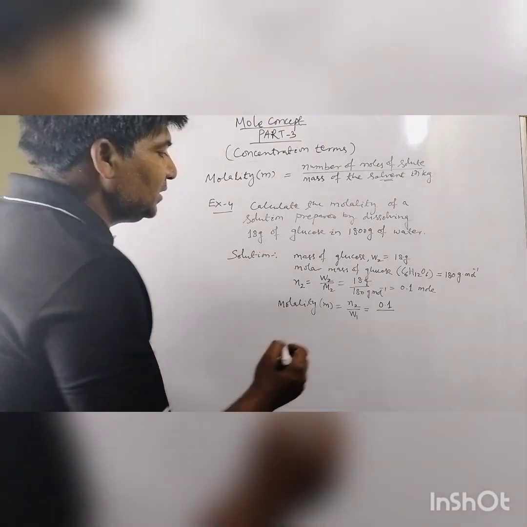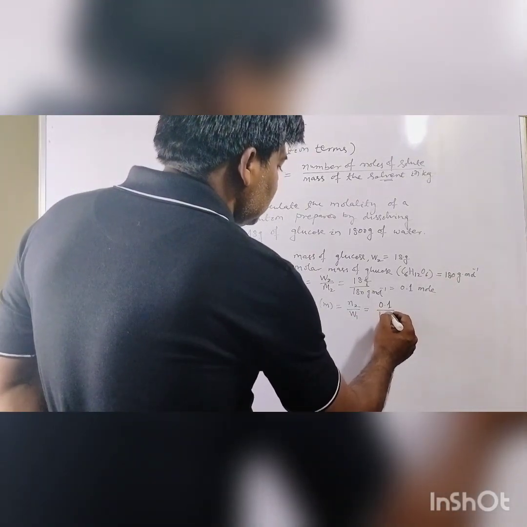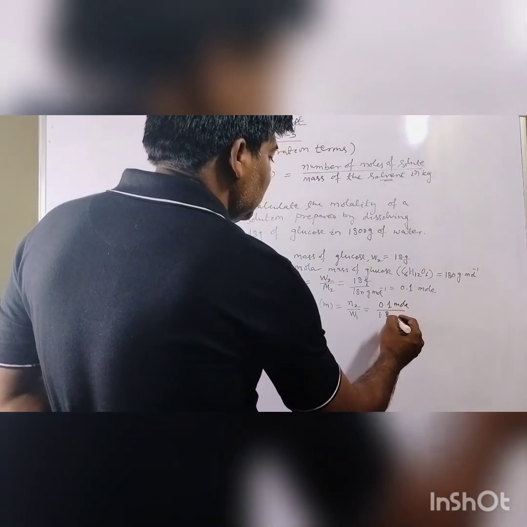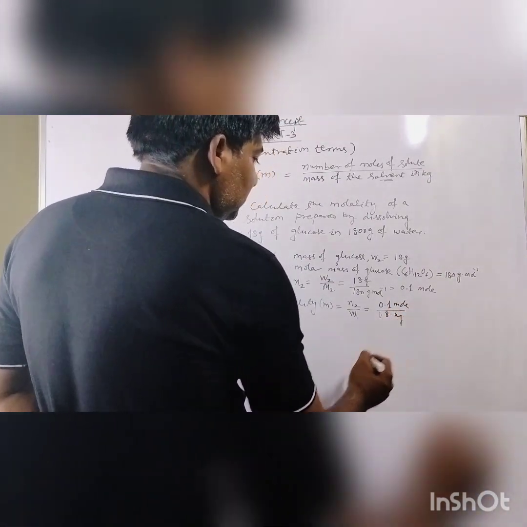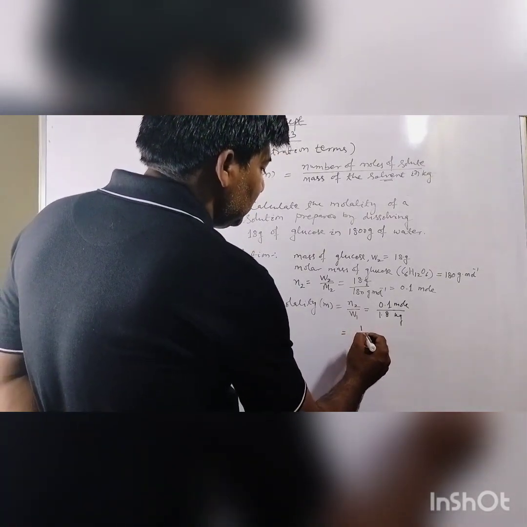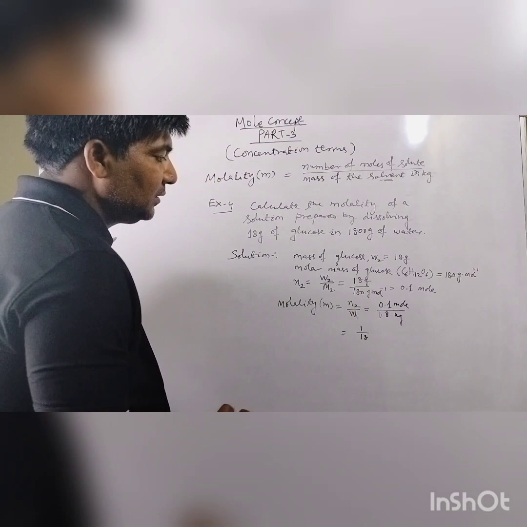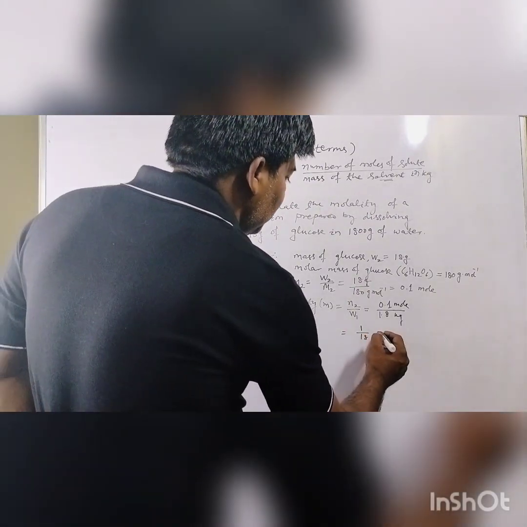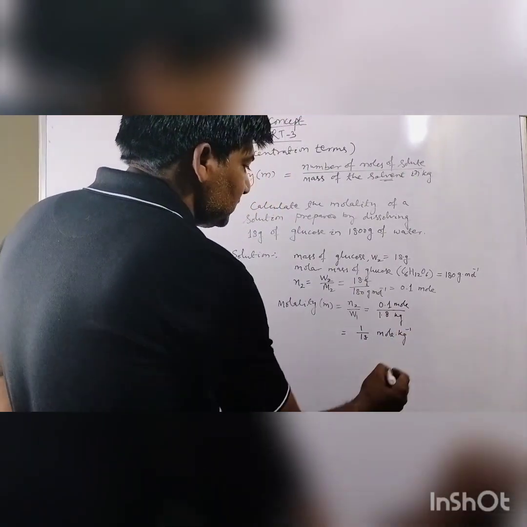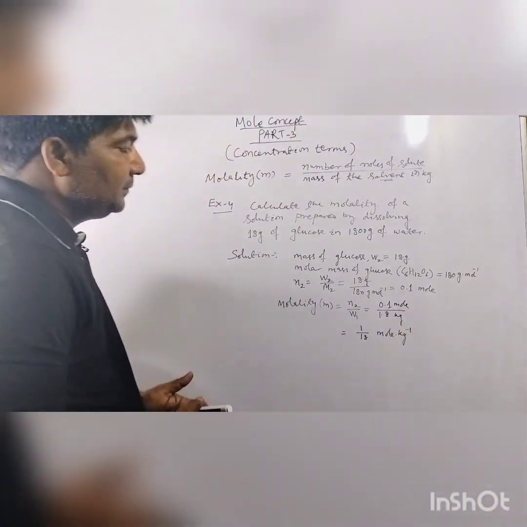So 1800 gram means 1.8 kg. 0.1 mole divided by 1.8 kg. That gives 1 by 18. Okay, 1 by 18 mole per kg or kg inverse.